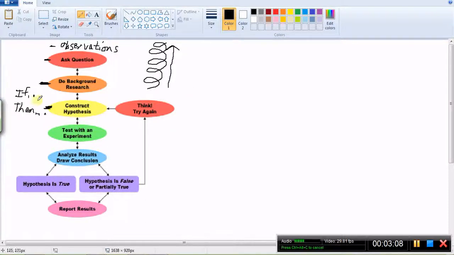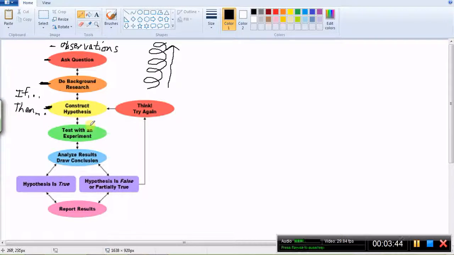So I could say, if I feed my mealworms different types of food, maybe apples or potatoes, then the mealworms that eat the potatoes will gain more weight than the mealworms that eat the apples. I'm saying, if I feed these mealworms different diets, then I'm making my prediction, that the mealworms that eat the potatoes will gain more mass. It's an educated kind of guess.